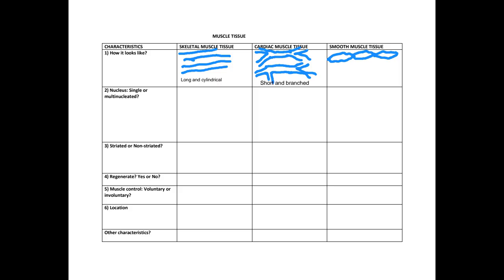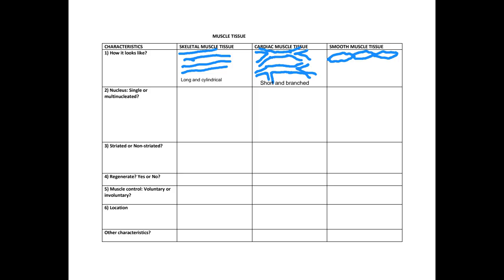And then smooth muscle tissue, we say that it is tapered, or spindle shaped. Tapered or spindle shaped means thick in the middle, skinny at the ends, like our eyes. Our eyes are wide in the middle, and then they become small towards the edges, right? Where the top and the bottom eyelids meet, it gets smaller. That's what spindle shaped looks like.